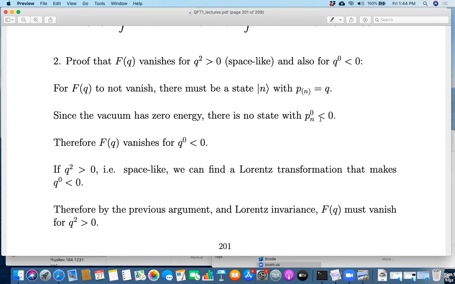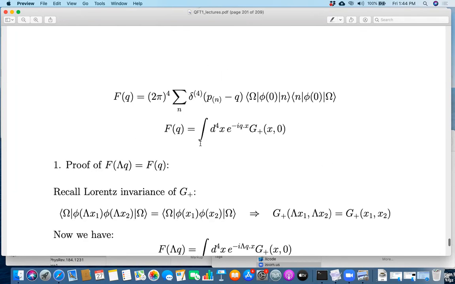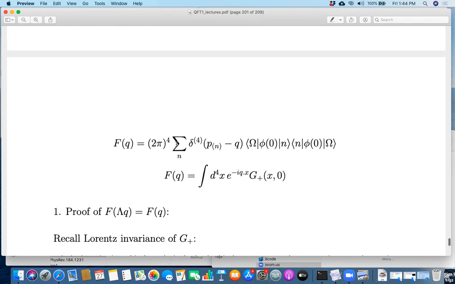And this is the proof that f of q must vanish for q naught negative, because if q naught is negative, then this delta function always gives 0. There is no pn for which pn naught can agree with q naught. Is this logic clear? Any question on this?